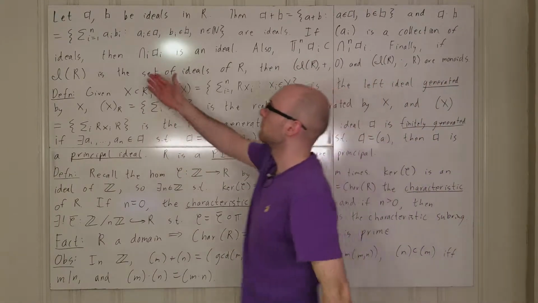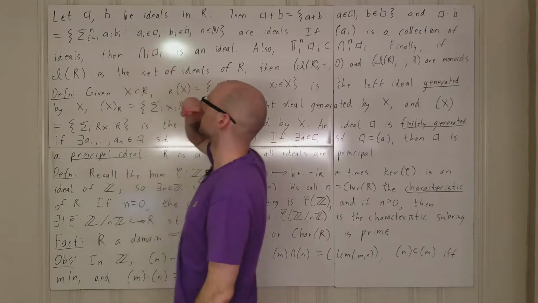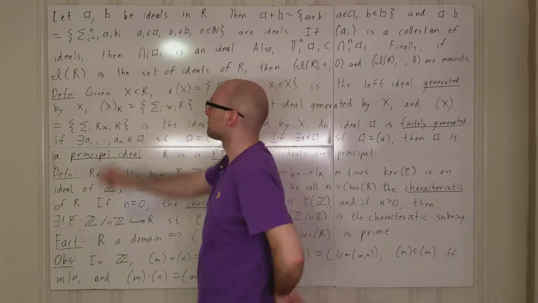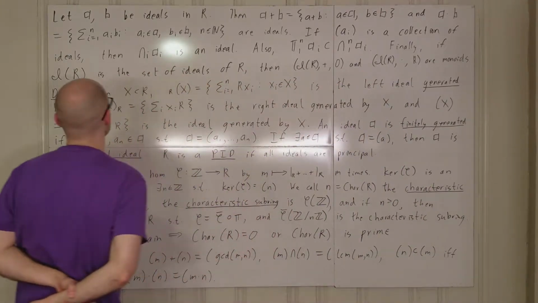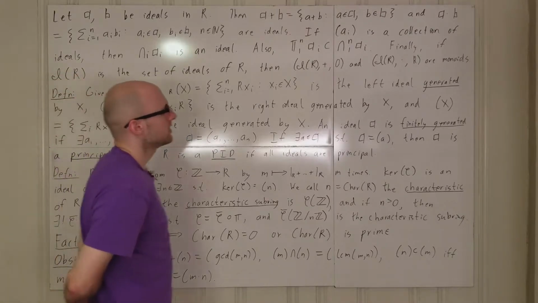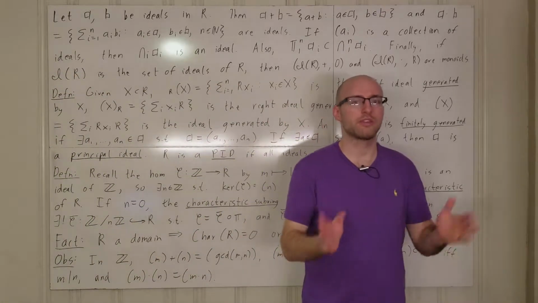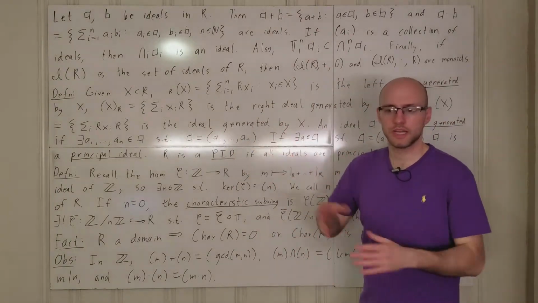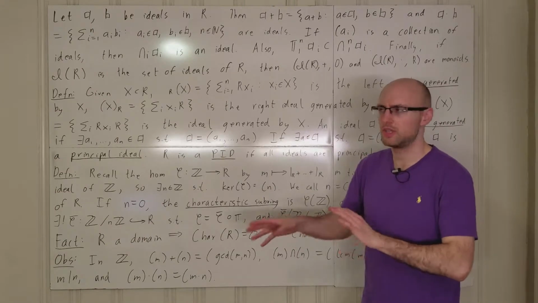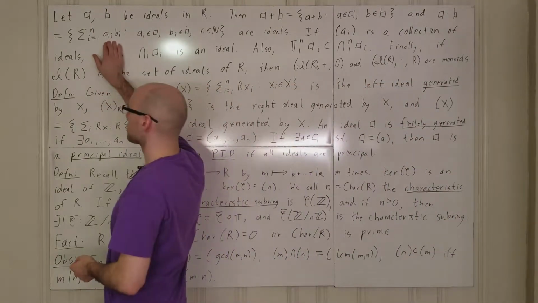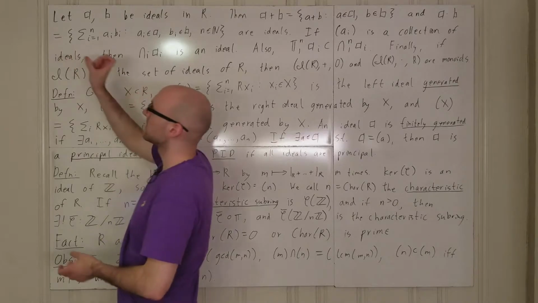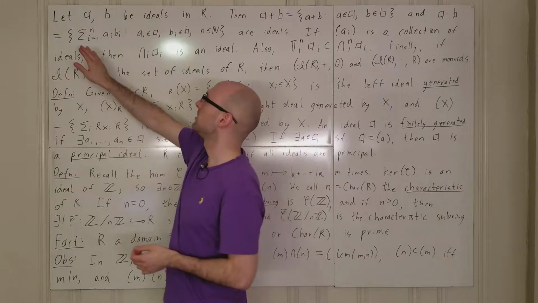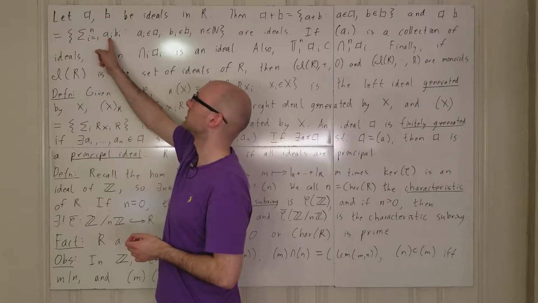And here the argument is really similar, but for these things, you do have to consider multiplication on the left and on the right. They'll both work by distributivity because we have distributivity on both sides. When we distribute, if you take an element r and multiply it by a sum like this, then if you multiply the r on the left, you'll get the sum of r times a_i times b_i.